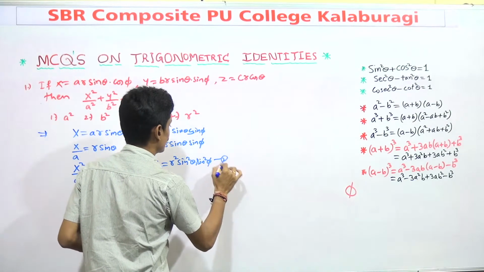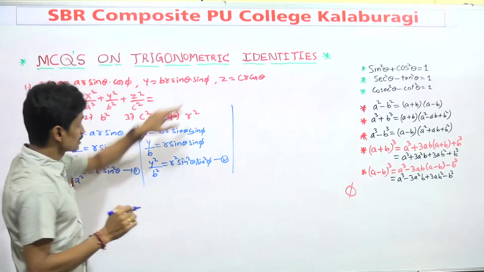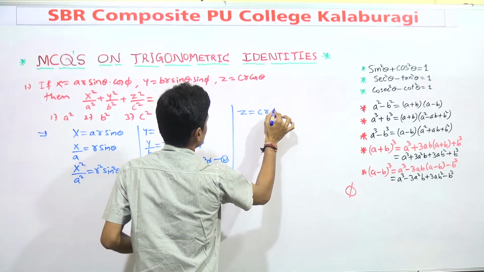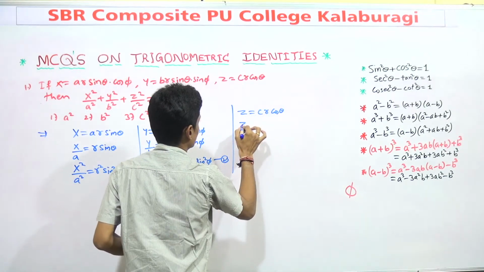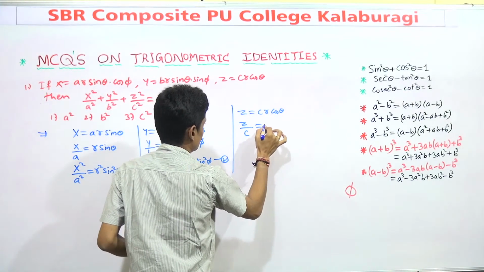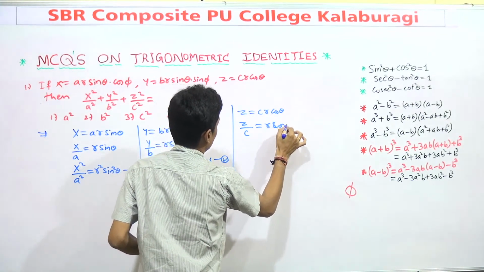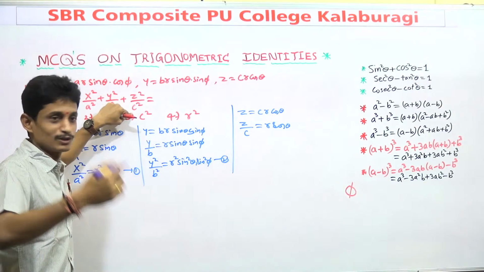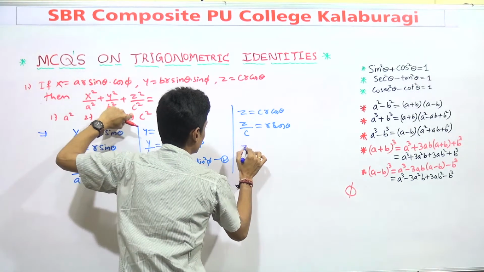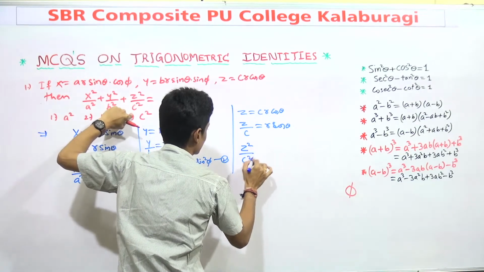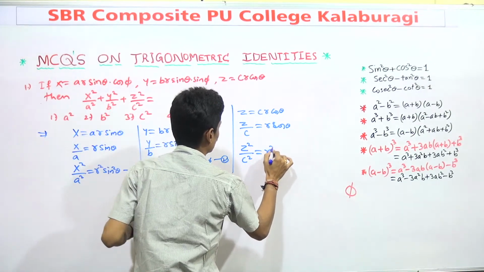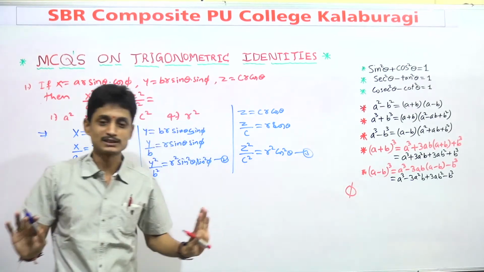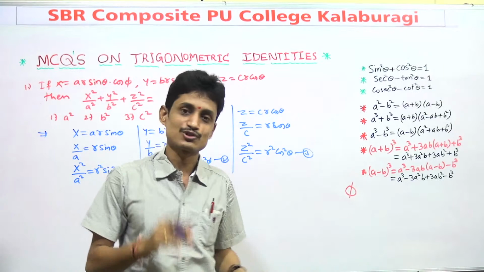Just call it equation number 2. Similarly, third one, that is z equal to c r cos theta. Z divided by c equal to r cos theta. Make it z square by c square for replacement purpose. So z square by c square equal to r square cos square theta. Equation number 3. 90% we have approached the result.